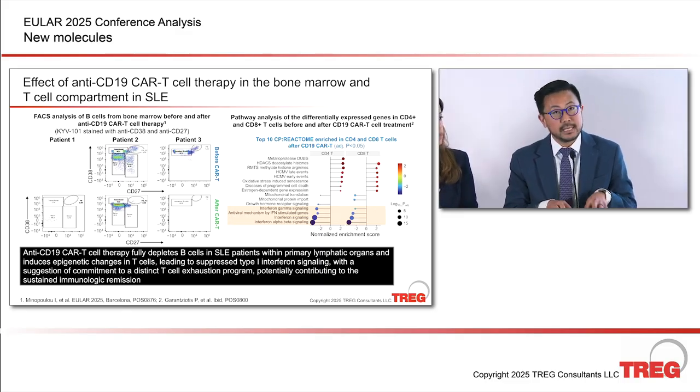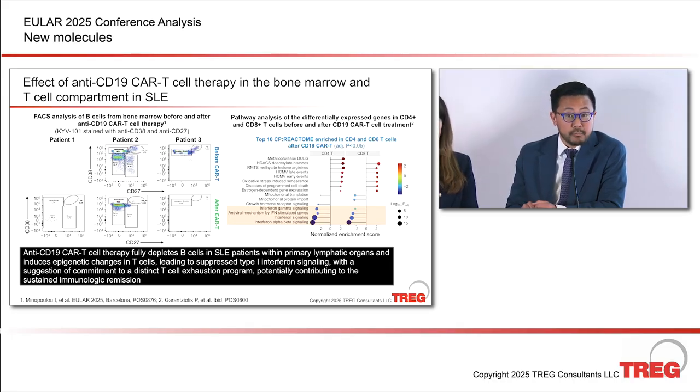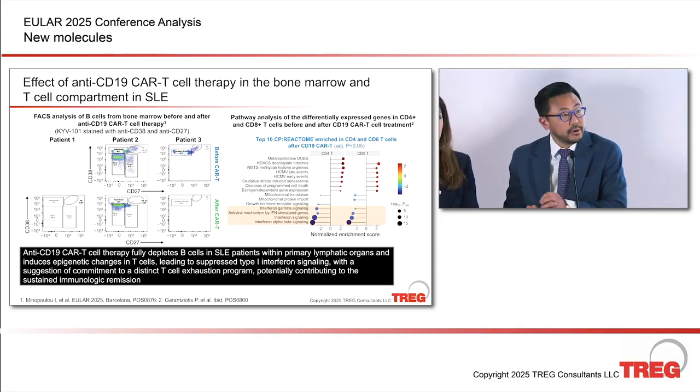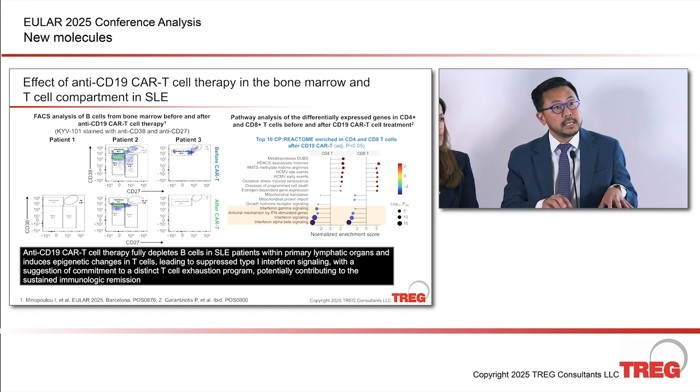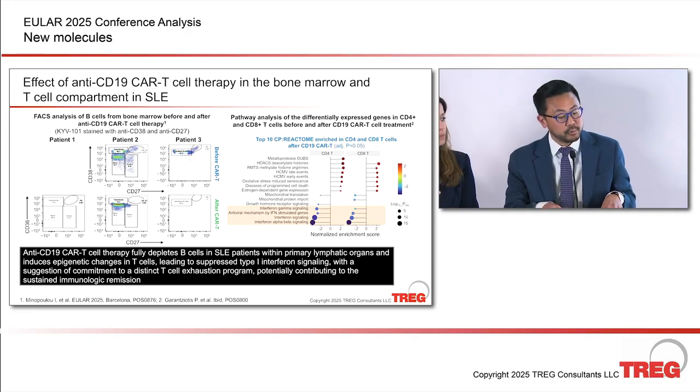But the immunological effects of CAR T cells don't stop there. This is shown on the right side here, where pathway analysis on single cell RNA-seq of peripheral blood T cells was performed. Numerous programs are changed, but most importantly and most robustly, the interferon signature tends to disappear. So Roy, I think this is really important because not only are there B cell effects in terms of B cell resetting, but I think it likely represents a more global reprogramming of the immune system, and here it is shown with T cells.